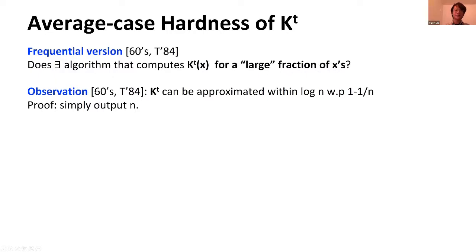A simple observation also made in the 60s is that K_t can be approximated within an additive factor of log n with probability 1 minus 1 over n. The approximation algorithm is very simple: we just output n, the length of the input string. Its correctness follows from the fact that there are a lot of strings that are incompressible and thus have high K_t complexity.